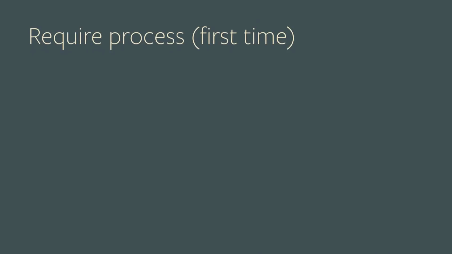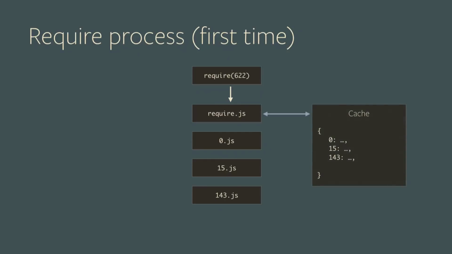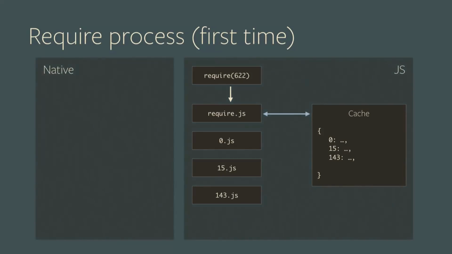Now, when you require something that was never required, the process gets a little bit trickier. We have, once again, require and the modules that were previously loaded, and our require call to something that we've never seen. The process starts in the same way. We go into require, we make a lookup into the cache, and then 622 in this case is not there. So we've got to load it. And this happens with a little trick.